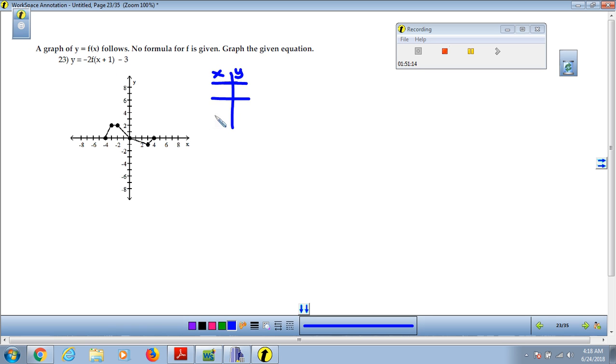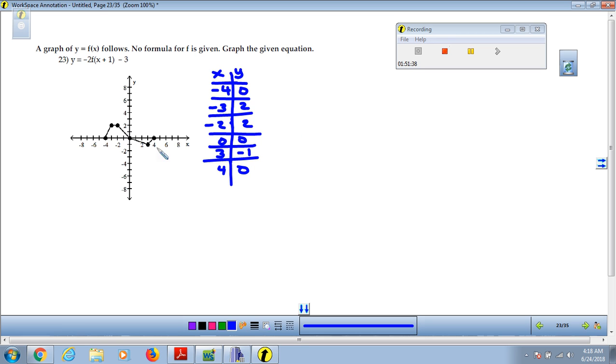So then this is going to be -4, 0, 2, 3, -3, 2, -2, 2, 0, 0, 3, -1, 4, 0.